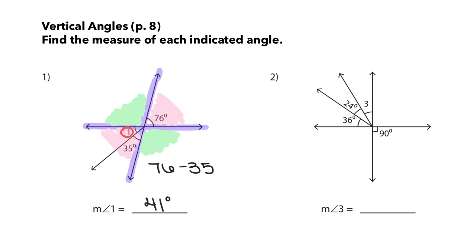If we go to number 2, I'm going to start by finding my two intersecting lines. I've got a pair of vertical angles in green and a pair in pink. I'm trying to find angle 3 right here where I circled it in red.